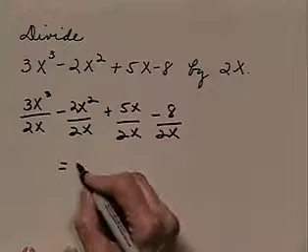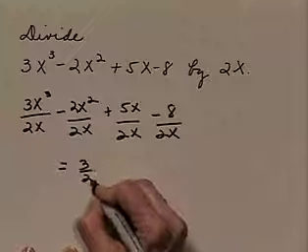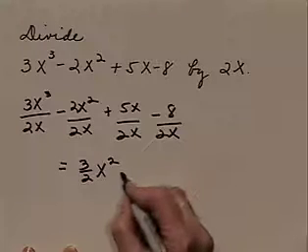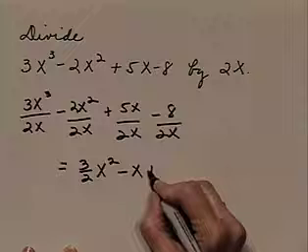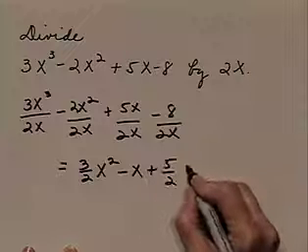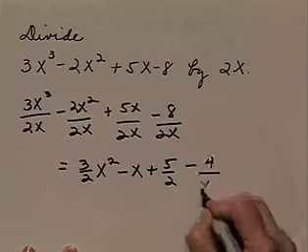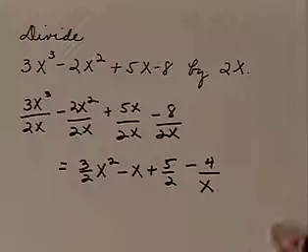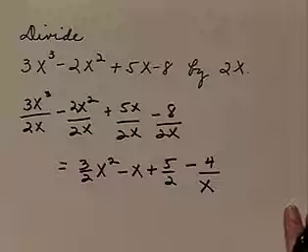Now we can reduce, giving us 3 halves x squared minus x plus 5 halves minus 4 over x. This is much like short division in arithmetic.